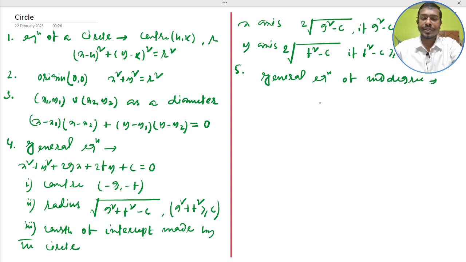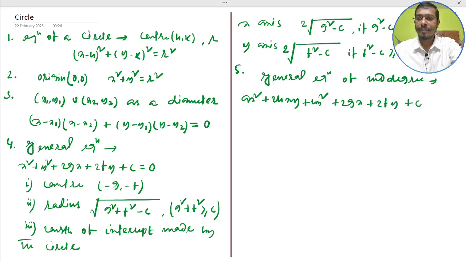The general equation of second degree, ax square plus 2hxy plus by square plus 2gx plus 2fy plus c equal to 0, represents a circle if and only if: number 1, a equal to b, not equal to 0.